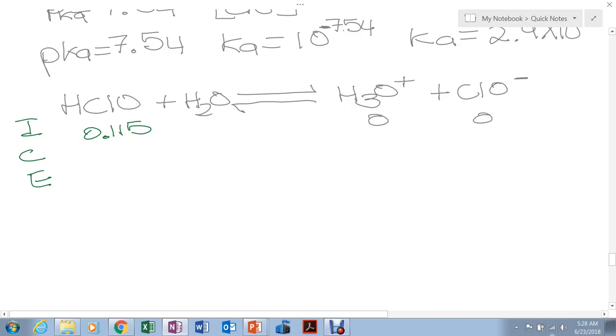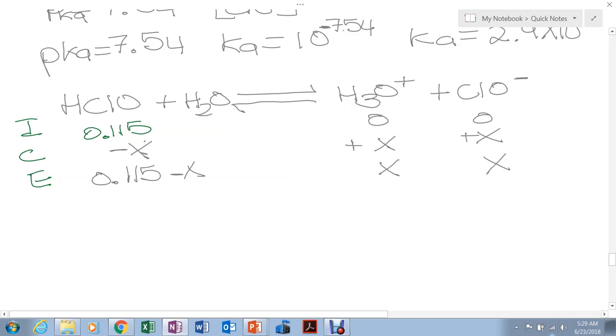So here the change would be minus x, x, and x. Meaning that we are always ignoring the water, the H2O without being dissociated. So at equilibrium it's going to be 0.115 minus x, x, and x.